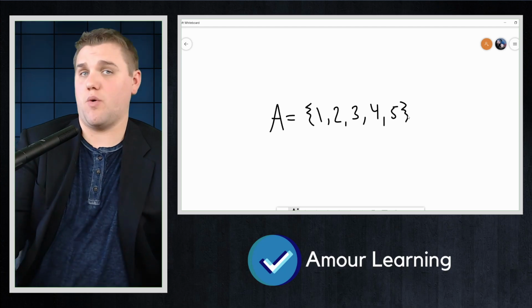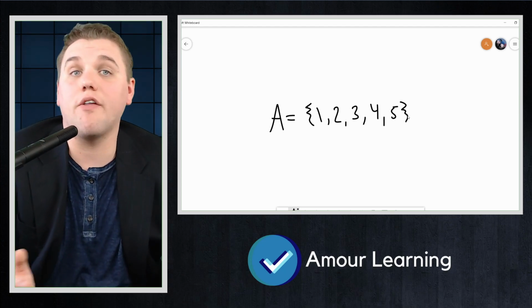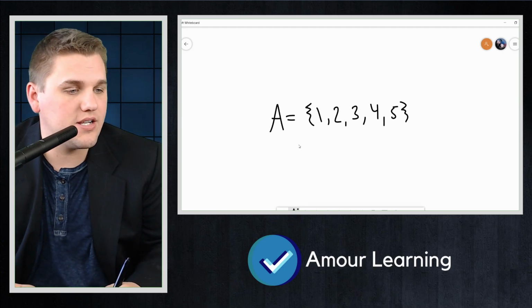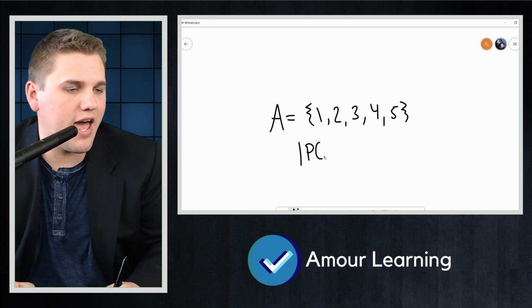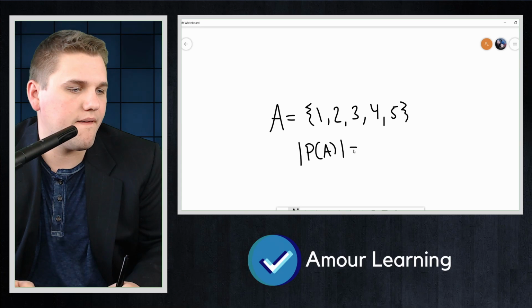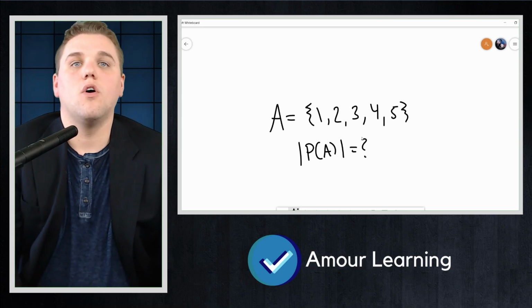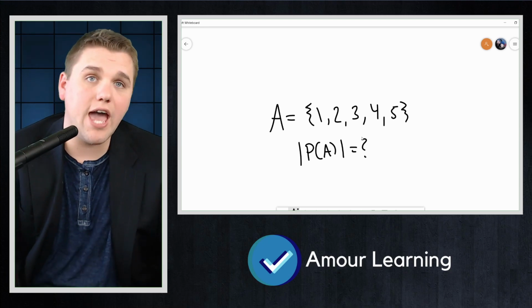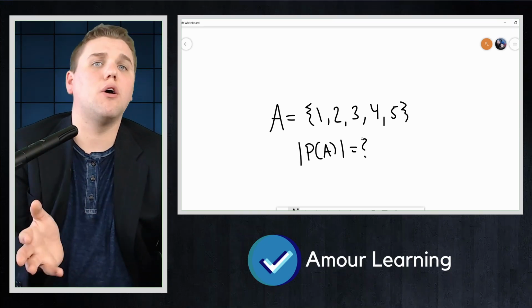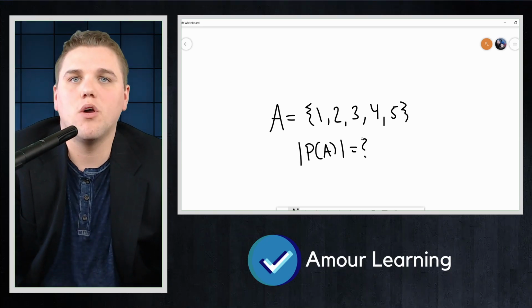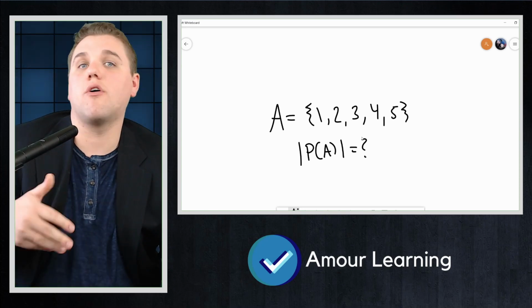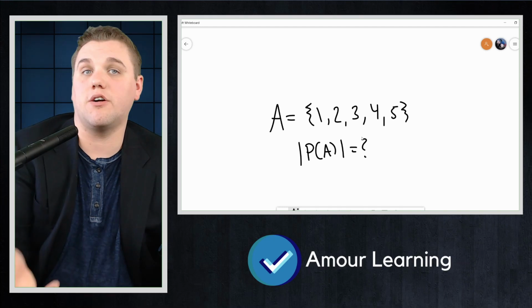First, a simpler question. How many subsets of A are there total? In other words, what is the size of the power set of A? Well, we're trying to find the cardinality of the power set of A. Think about how we would build a subset in general. We need to decide for each of the elements of A whether or not to include the element in our subset.